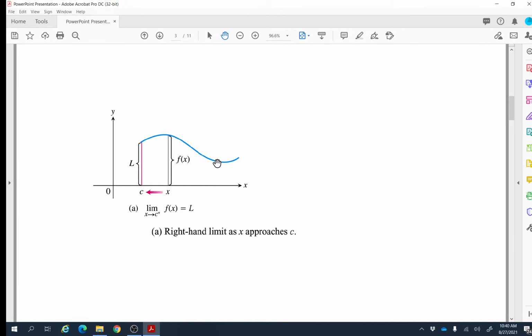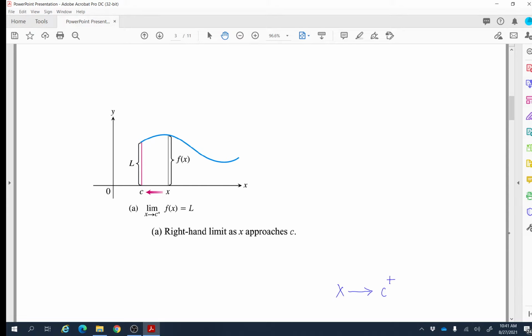Look at this graph here. When x approaches c, here is the c, from the right side, we write down a plus sign here. So x is approaching c from the right side.